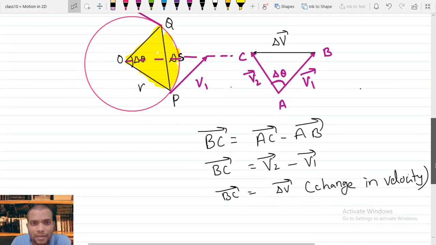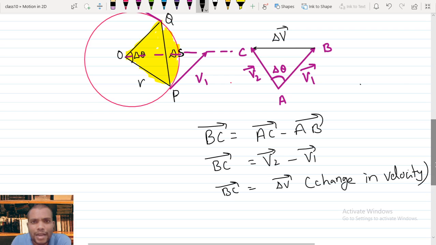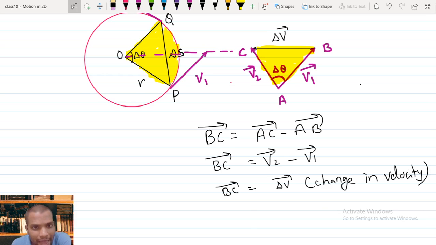Now if you compare, these two triangles are similar. How are they similar? The triangle OPQ tells about the angular displacement delta theta. At the same time, at the same point P, velocity also exists. But to do the mathematics here, we have taken it separately.